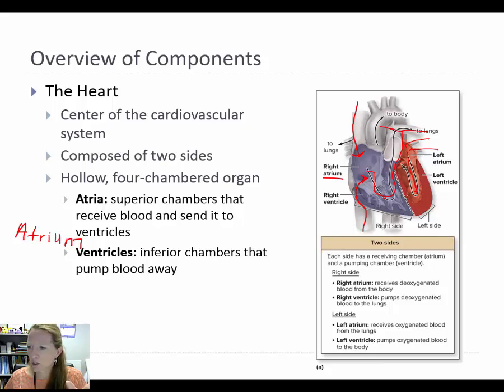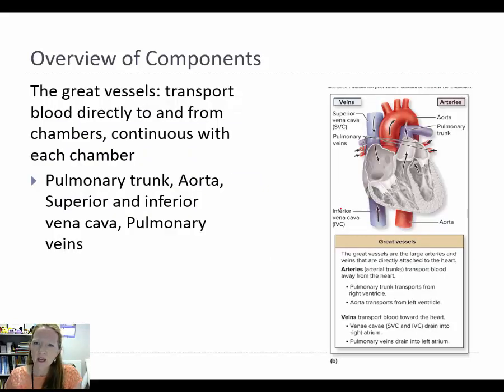And I can't really show where it's going because this is covering it up. But that's pretty much it for the basic function of the chambers, and we'll look at those a lot more later on, especially when we look at the whole cardiac cycle and exactly how everything is pumping. Now let's take a look at these big giant vessels that are going to be attached to that superior portion of the heart.